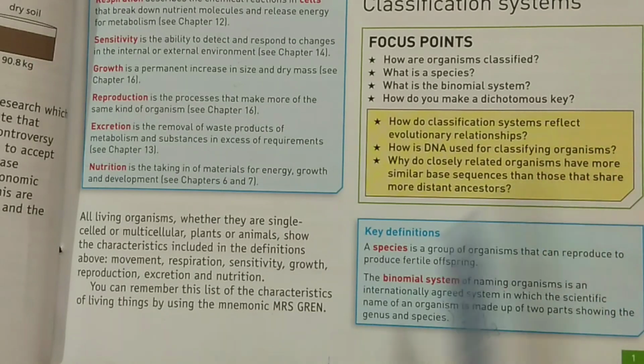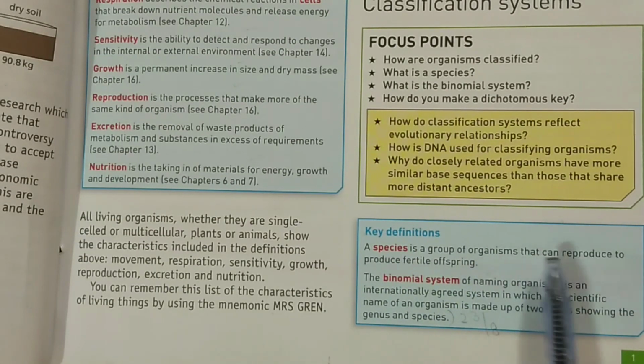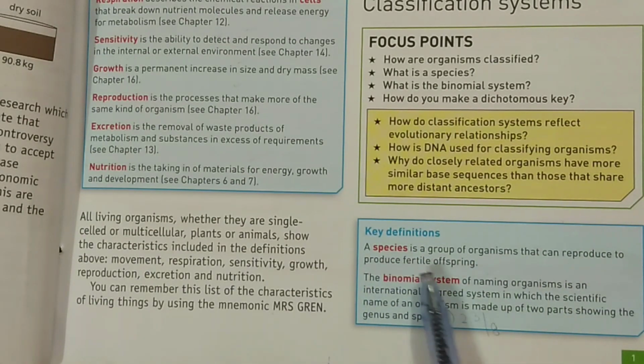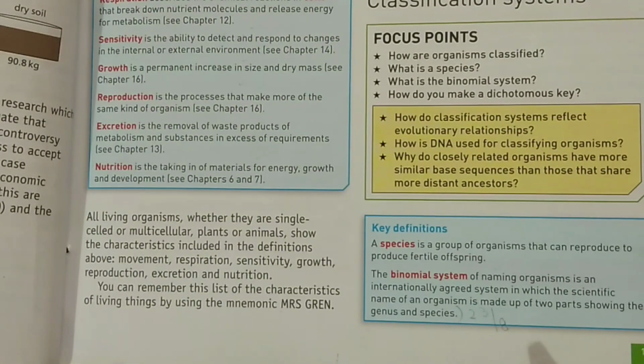So species should be understood first. A species is a group of organisms that can reproduce to produce fertile offspring. Then we come to classify the species.